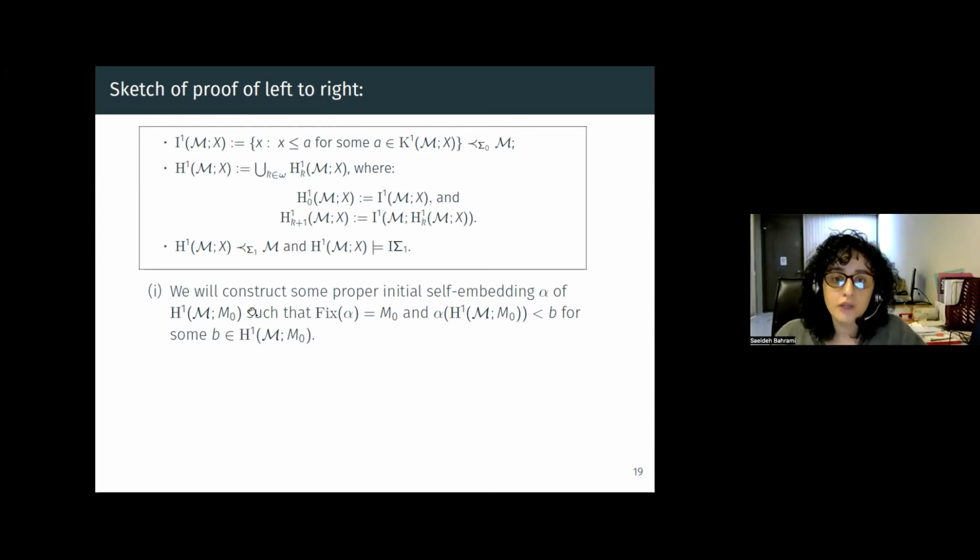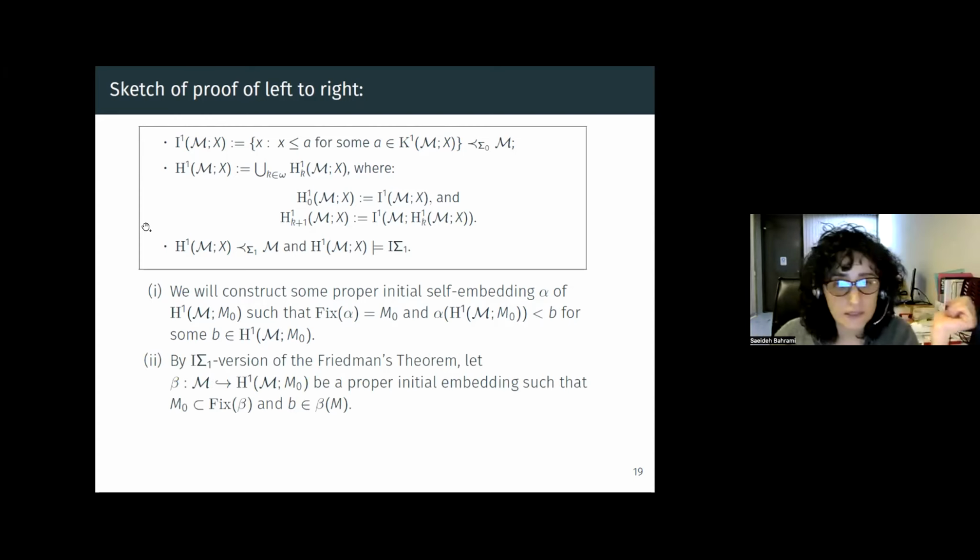So the main ingredient of the proof is constructing this alpha. We will construct some alpha such that the fix of alpha is equal to M0, and we can find some B, which is the upper bound for the image.